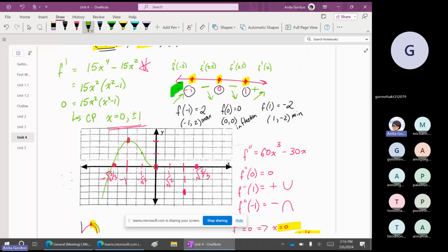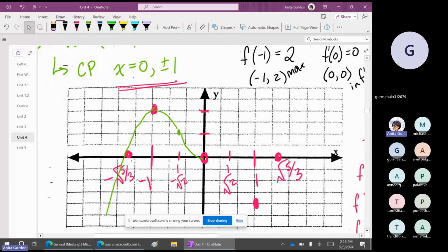Is that better? Yes. Okay, and then our inflection point is also at 0, so now it's going like this. And somewhere over here, it stops going like this, and now it goes like bowl up. And then it continues to bowl up and goes that way. So our inflection points are here, here, and here.